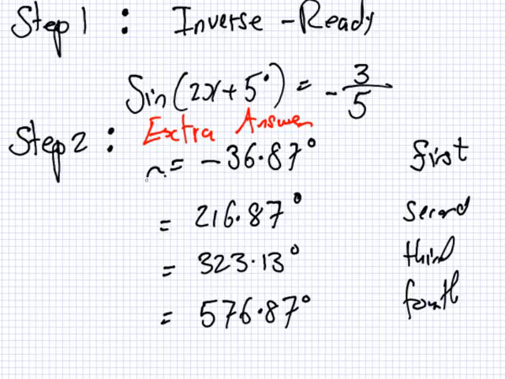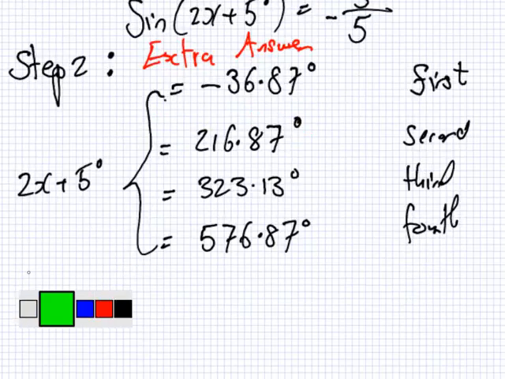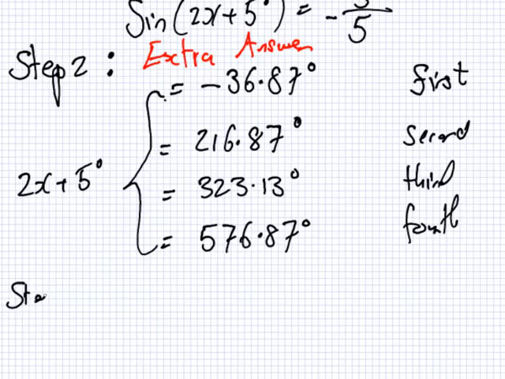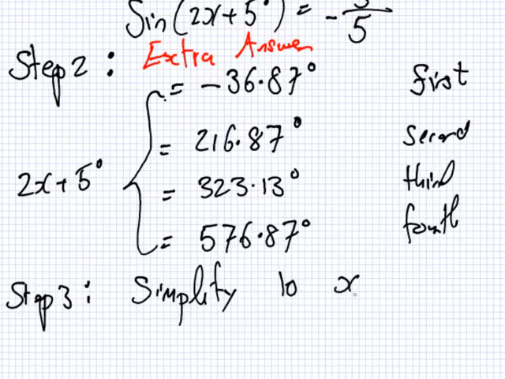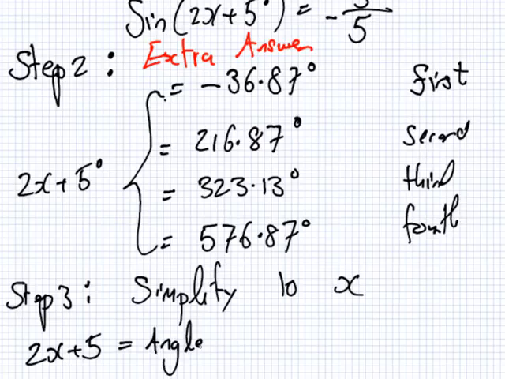So these aren't equal to x. We're saying that 2x plus 5 is equal to these possible angles. So the next step is to simplify to x. For example, if I have 2x plus 5 equals an angle, what does x equal?